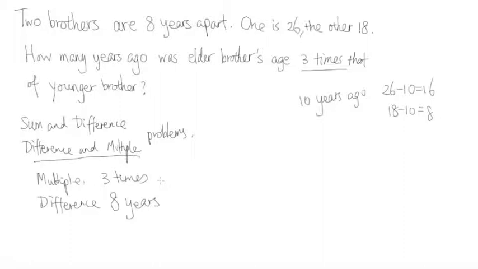And so now we know that many years ago, the age has a difference of 8 years, and one is a multiple, 3 times. So that becomes a difference and multiple problem. And we can use the same trick we discussed for these types of problems. Namely, we are going to draw a little graph. So let's use O for the older brother, Y for the younger brother, and this for their age many years ago.